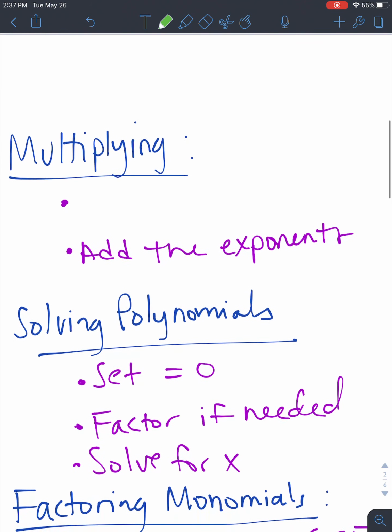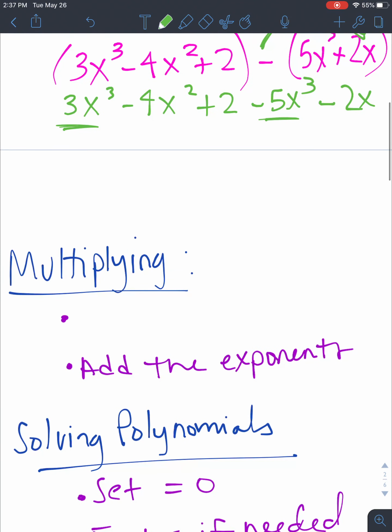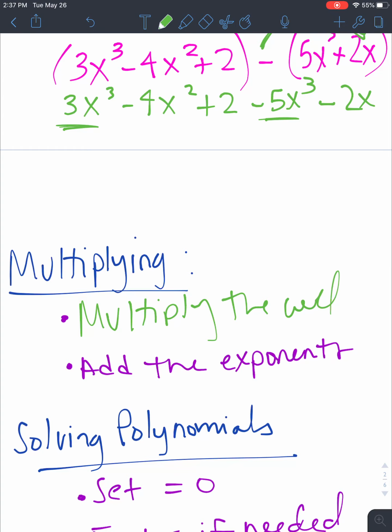And then we had our multiplying, and we also had some dividing, but dividing was primarily in trimester A. When we were multiplying, this came up later on when we were multiplying functions. Remember that anytime you're multiplying, you always multiply the coefficients, and then you add the exponents.